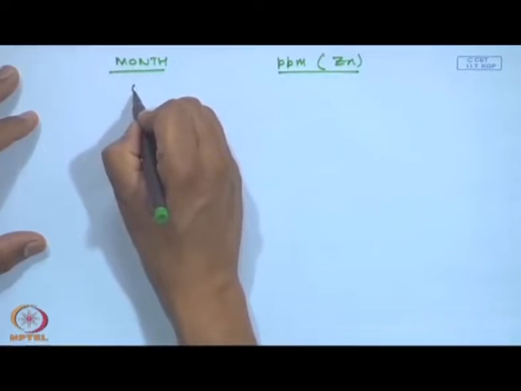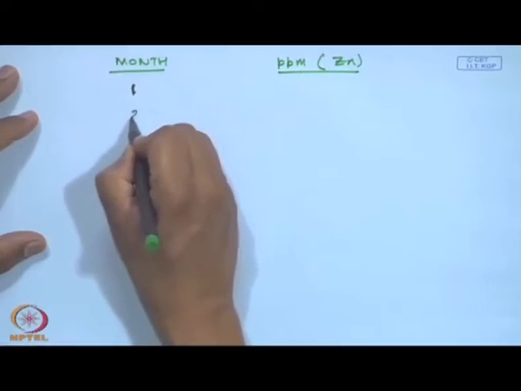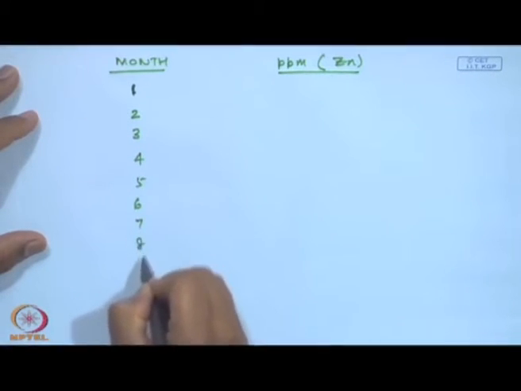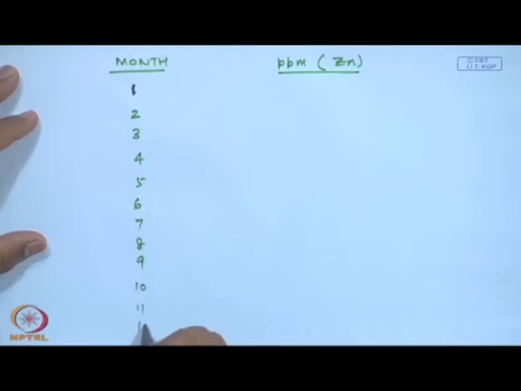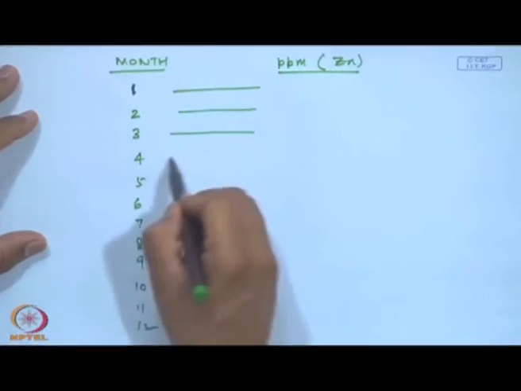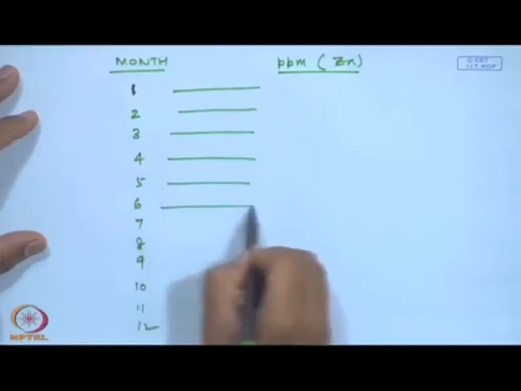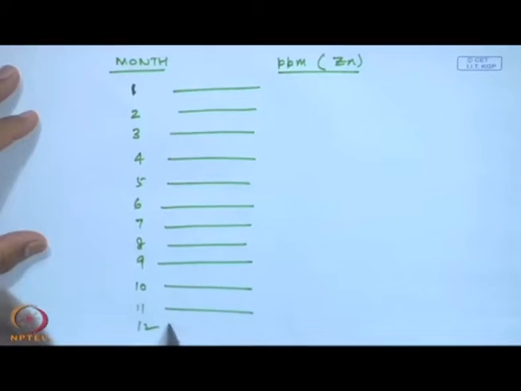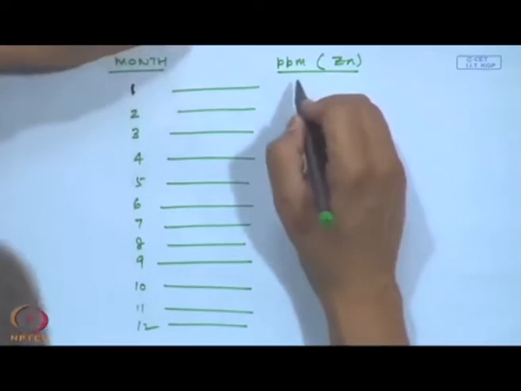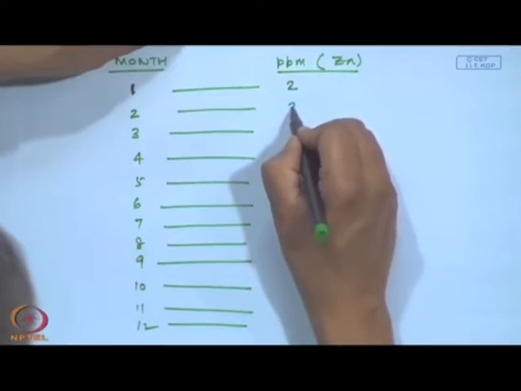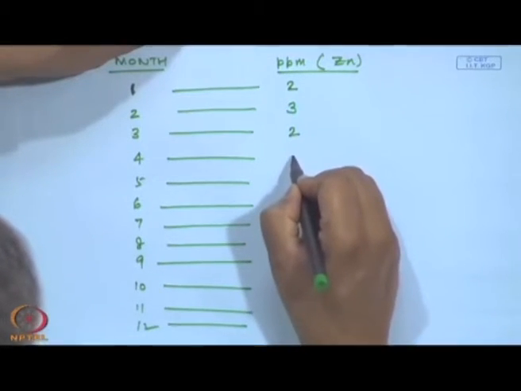So, at the end of the first month, second month, third month, fourth month, fifth month, after every month you will be collecting the oil sample and giving it to a lab. To begin with, this is about 2 parts per million, 3 parts, maybe again 2 parts.